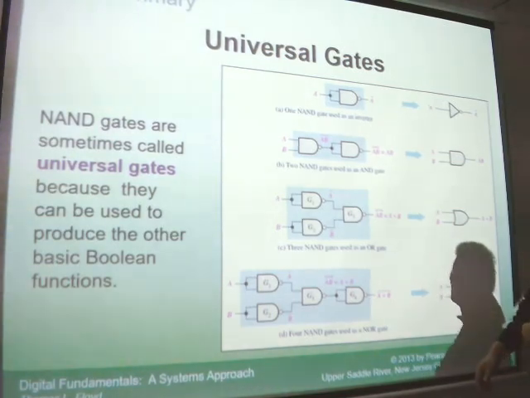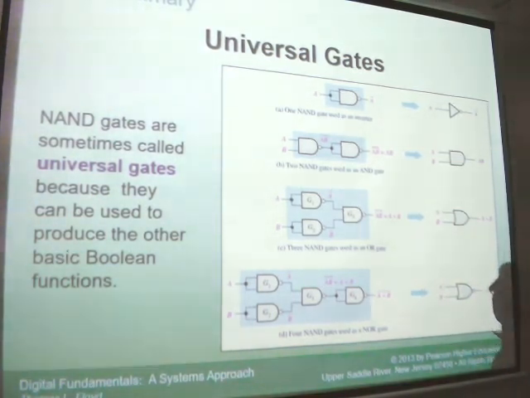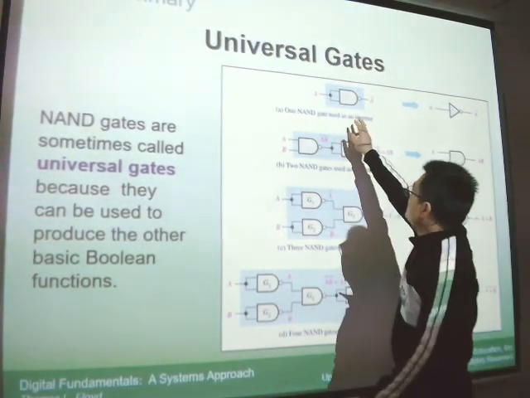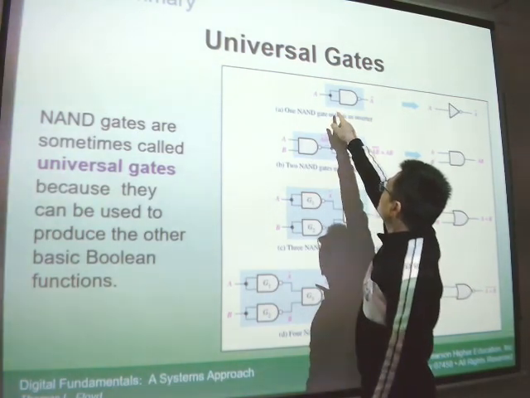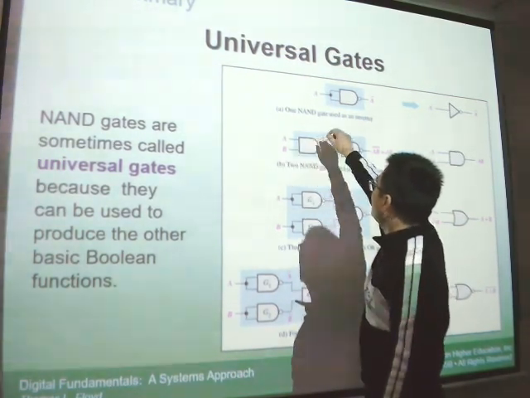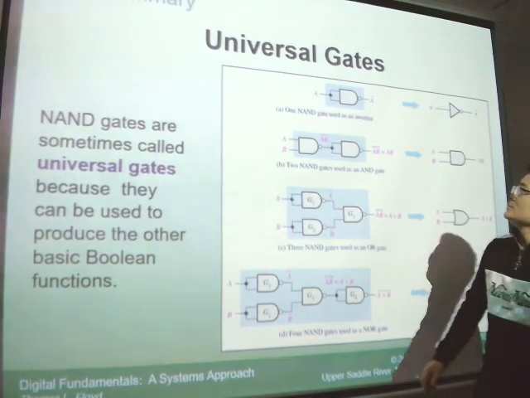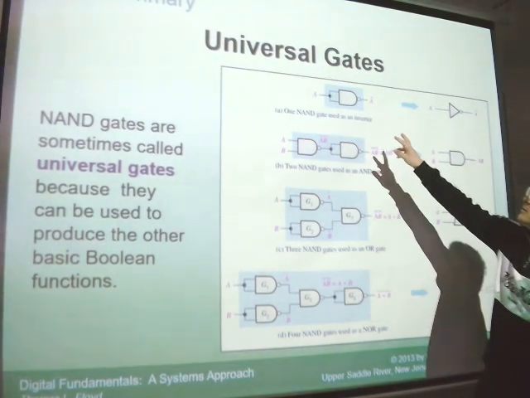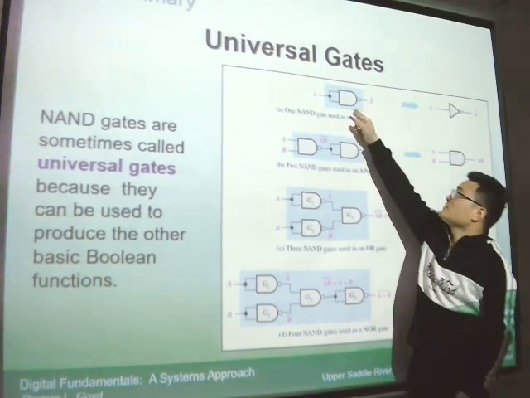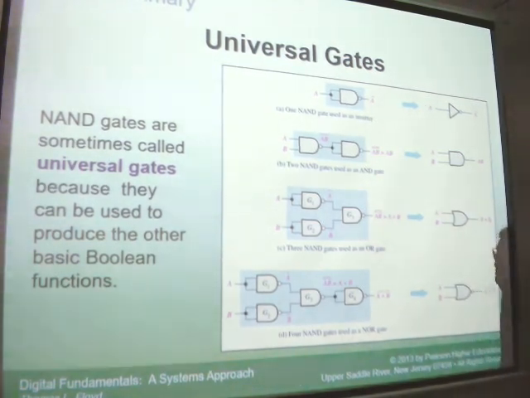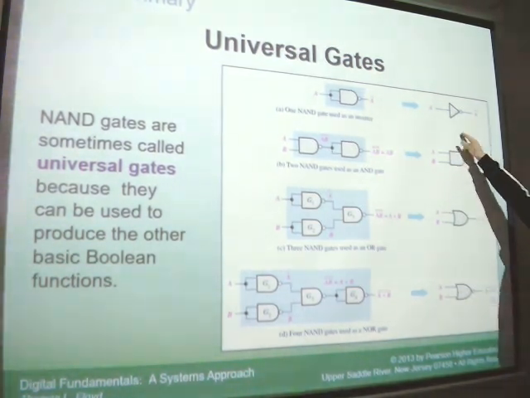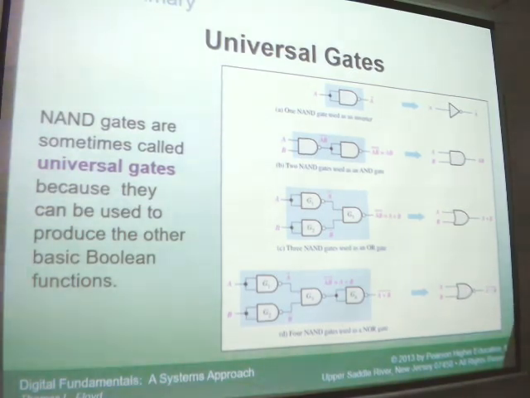The first basic Boolean function is the inverter. If we tie the two inputs together, then the function of this gate is equal to the function of an inverter.